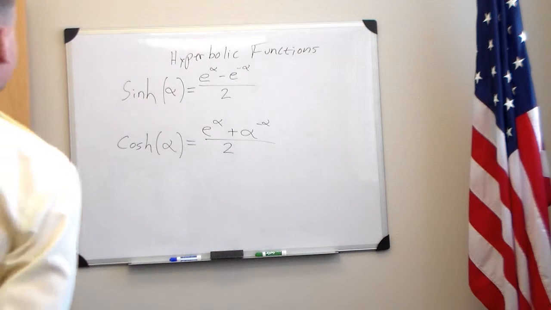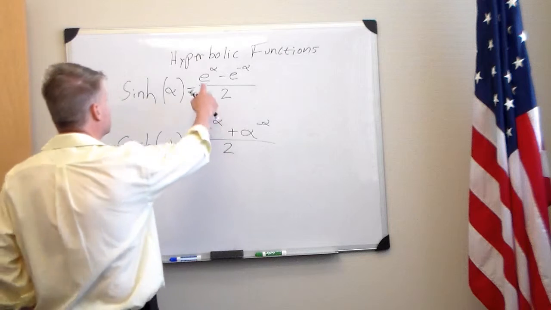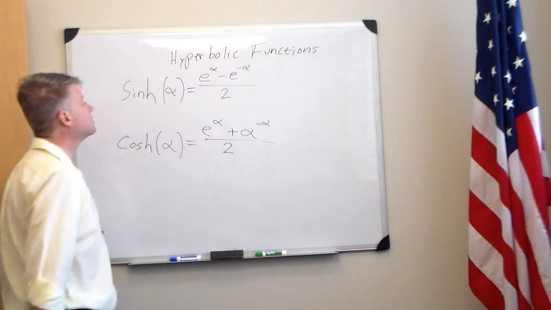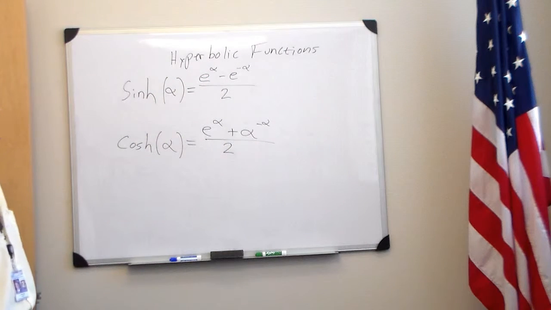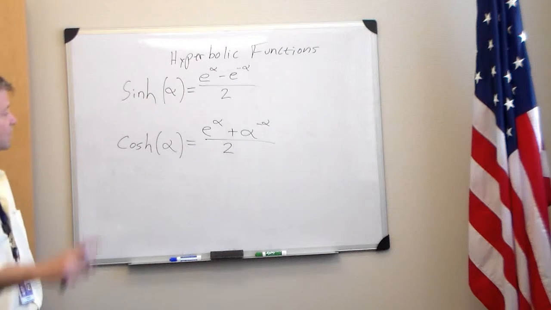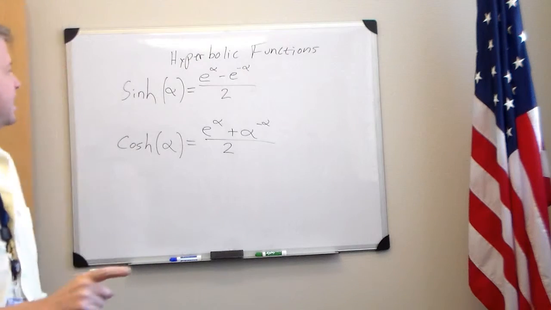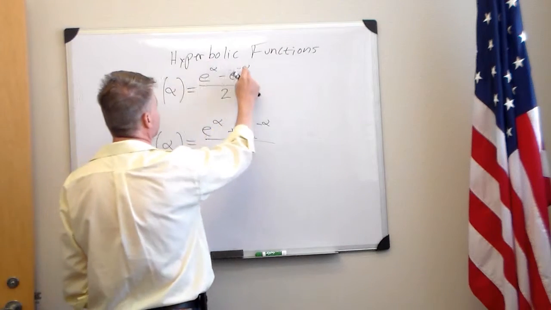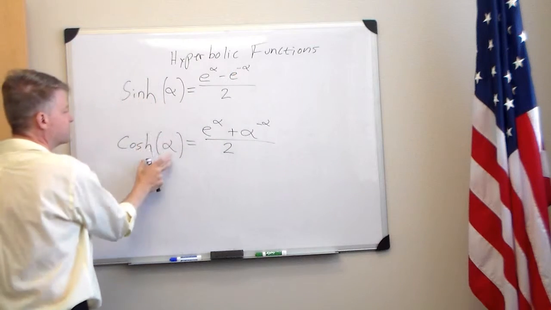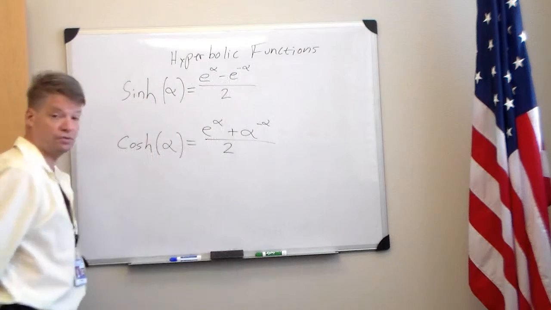But these functions, exponentials, follow those laws, follow those mathematical equations. But the problem becomes, do we take the positive or the negative value? Sine h and cosine h combine those two.